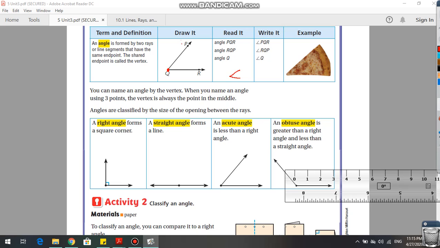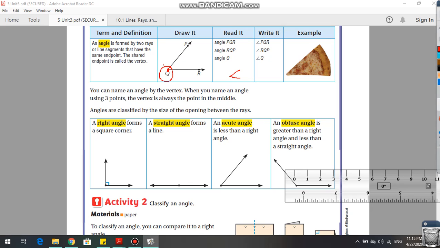I can say PQR, or RQT, or just Q. But the most important thing that you have to notice is that Q has to always be in the middle. So I can't say RPQ, it will be considered wrong. So Q must be in the middle.